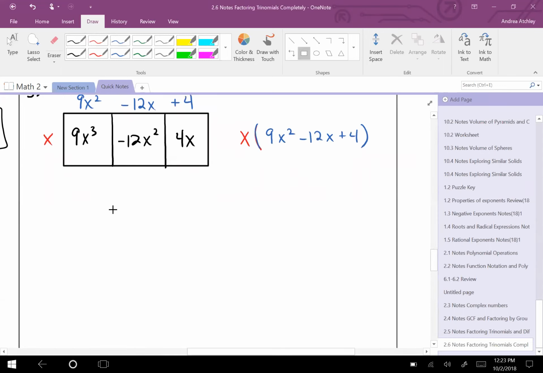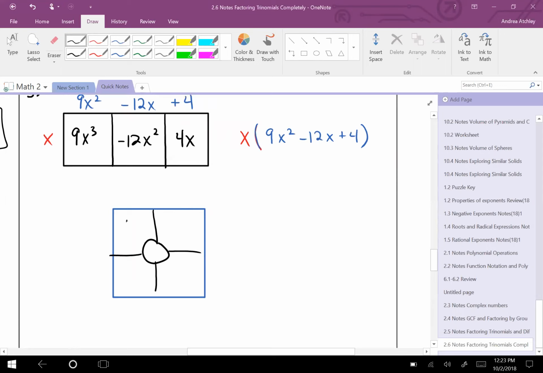Now we're going to move to the box. I get my 9x squared minus 12x plus 4.